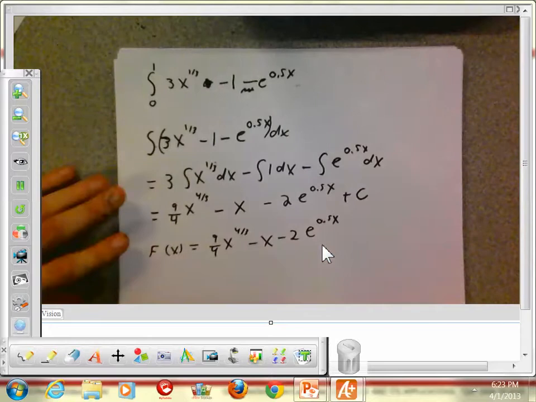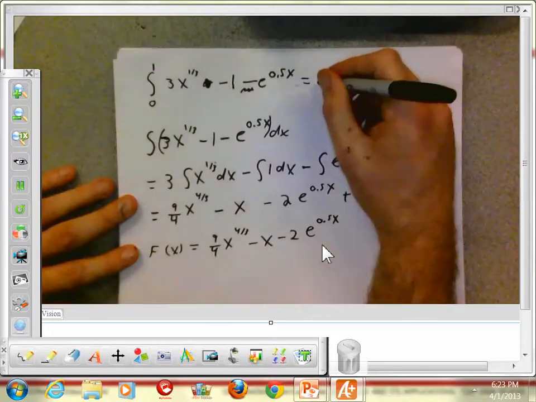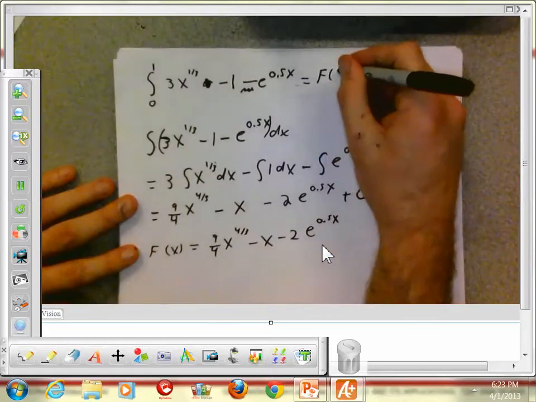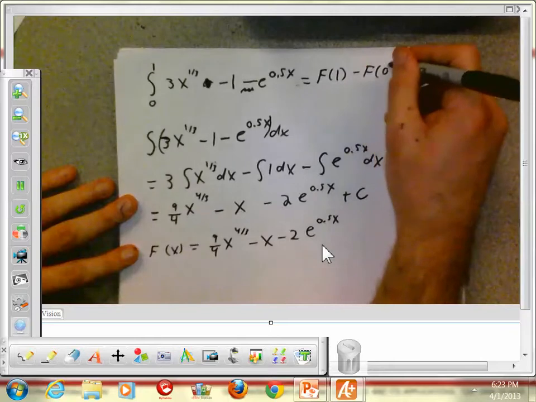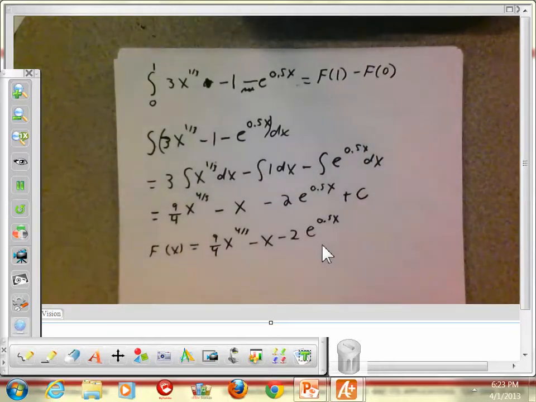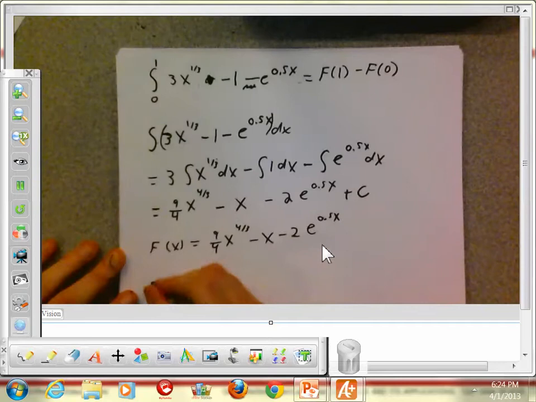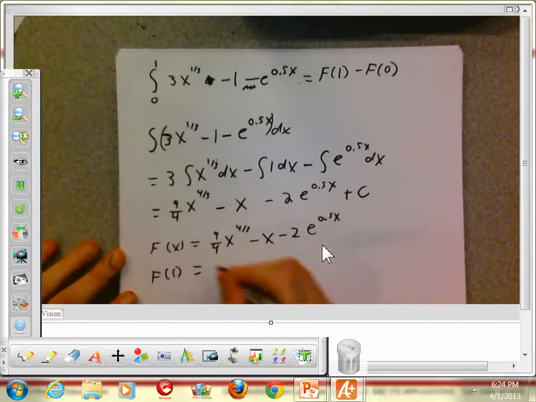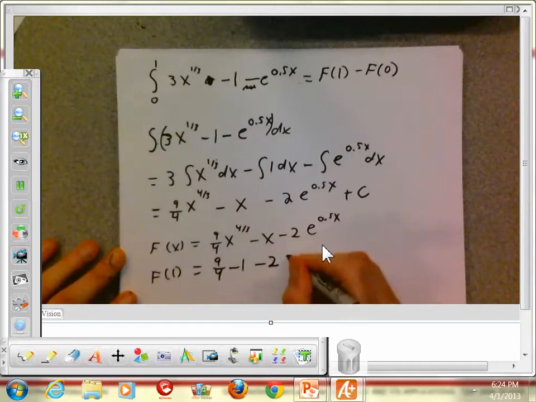And this is going to be equal to f of 1 minus f of 0. Okay? So to find f of 1, I just plug in 1. And to find f of 0, I just plug in 0. So f of 1 is just equal to 9/4 minus 1 minus 2 times e to the 0.5.